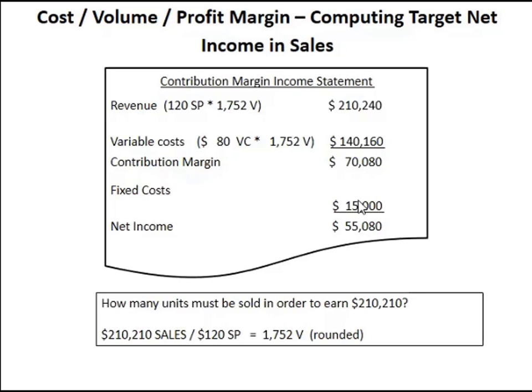From that, then I subtract my fixed cost, and I end up with a net income of $55,080. And in theory, it should be $55,000, which is the proof. But because of the rounding issues, it came off a little bit, so it ended up as 55,080 as opposed to 55,000. But you can see that that is pretty much the proof.